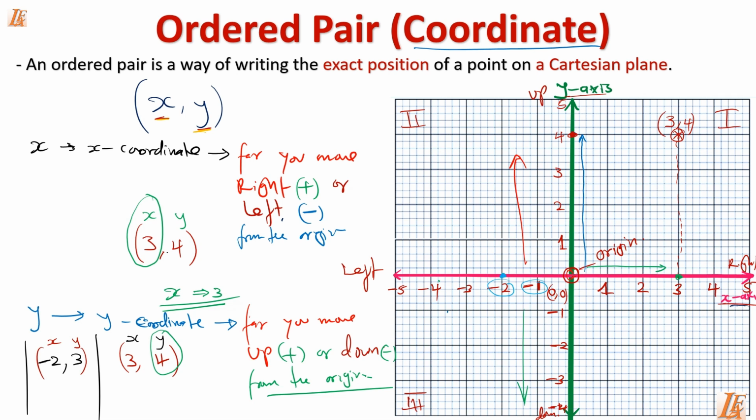Then from here, we will move 3 points to the positive of the y-axis. To the positive of the y-axis is upwards, so we'll be at this -2. Then we move 3 points up, that is 1, 2, and 3. So that point is here, and we can label it as (-2, 3).